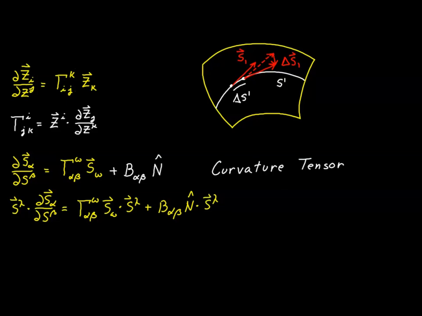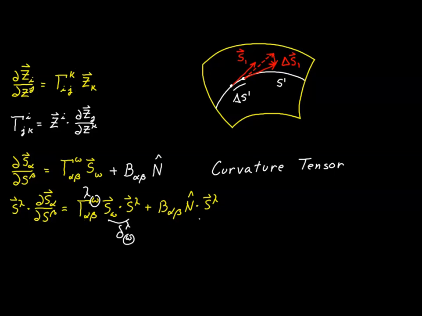Okay, now something very interesting happens here. First of all, this factor right here becomes a delta lambda omega, and the omega index here is absorbed, leaving us just with lambda here. So this whole term resolves down to gamma lambda alpha beta.